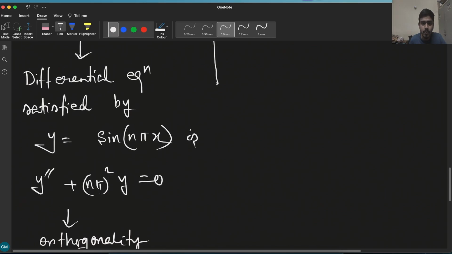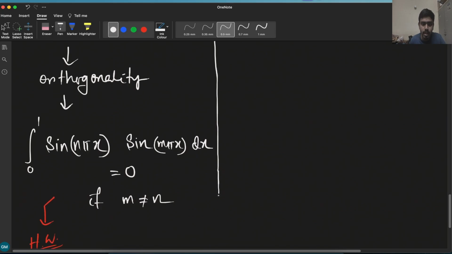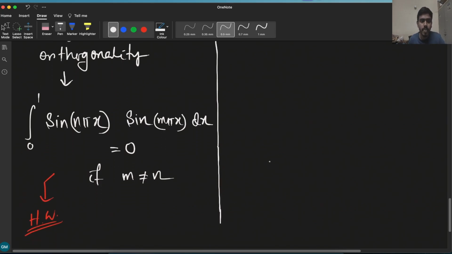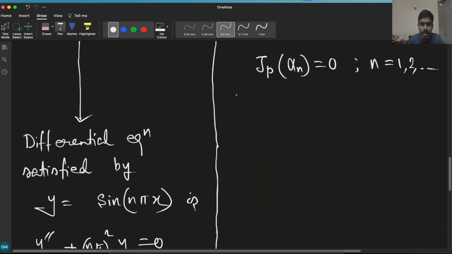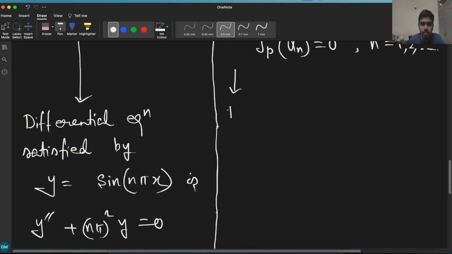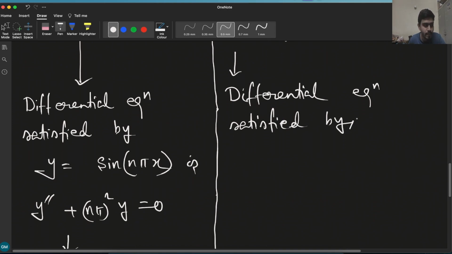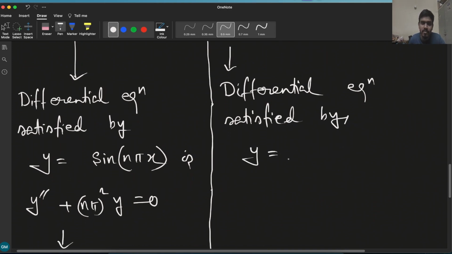And similarly, we will define the orthogonality in case of Bessel functions. So similarly, for Bessel functions, the differential equation satisfied by, let's say, y equals, I am defining a new function which is J_p, and instead of x I will be writing alpha n x.